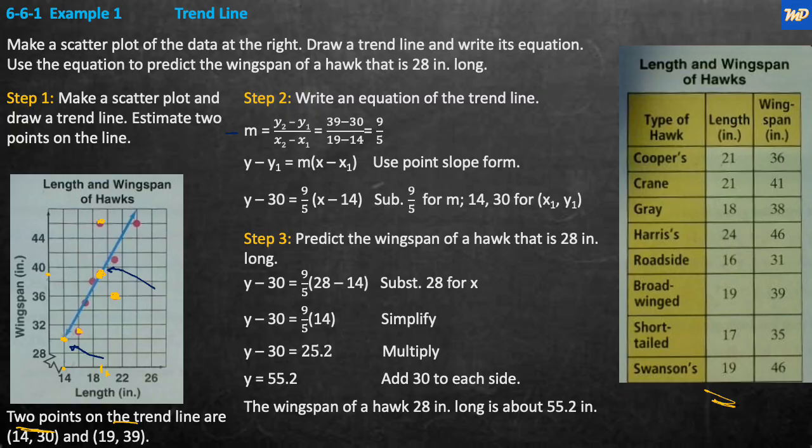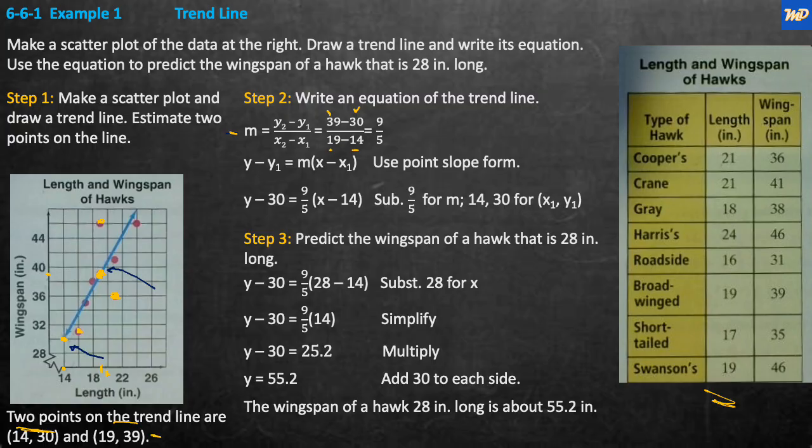M, the slope, is equal to y sub 2, that's 39, minus y sub 1, which is 30. Okay, here it is, 39 minus 30. And then divided by the ending x value, which is the one from up here at the top, which is 19, minus the 14, which is the starting x point.